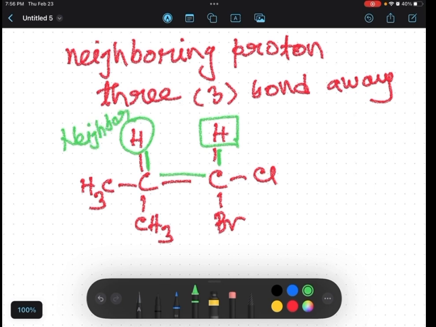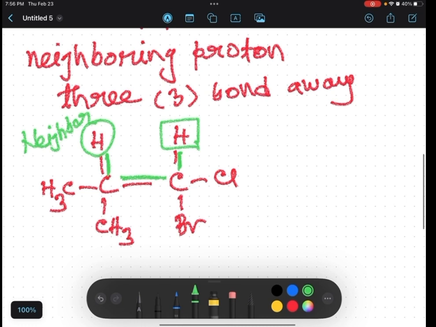Neighbor proton. So three bonds away: 1, 2, 3. So that n+1 is based on how many neighboring protons there are, three bonds away. Suppose I write this methyl in a different way.